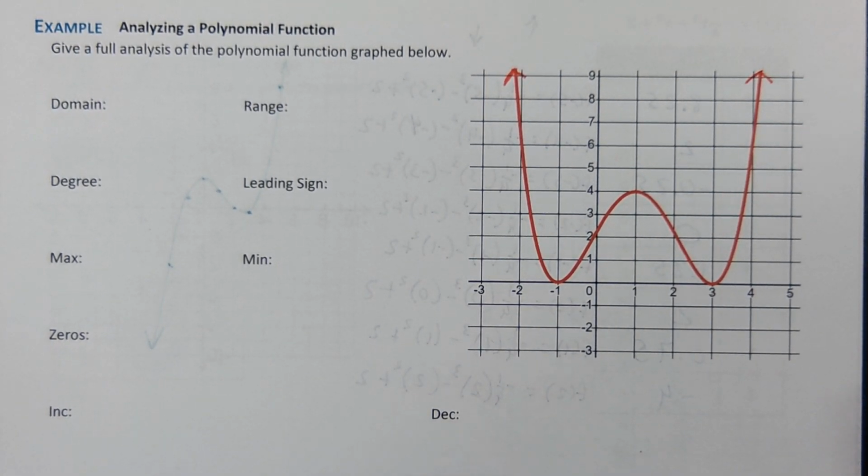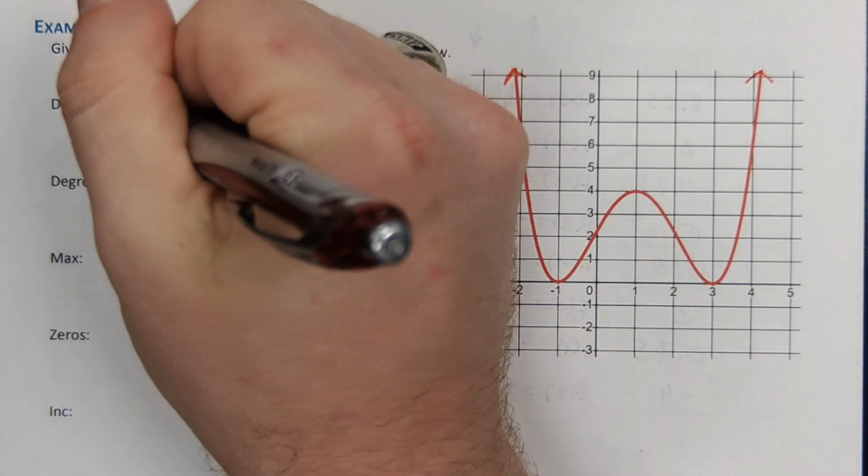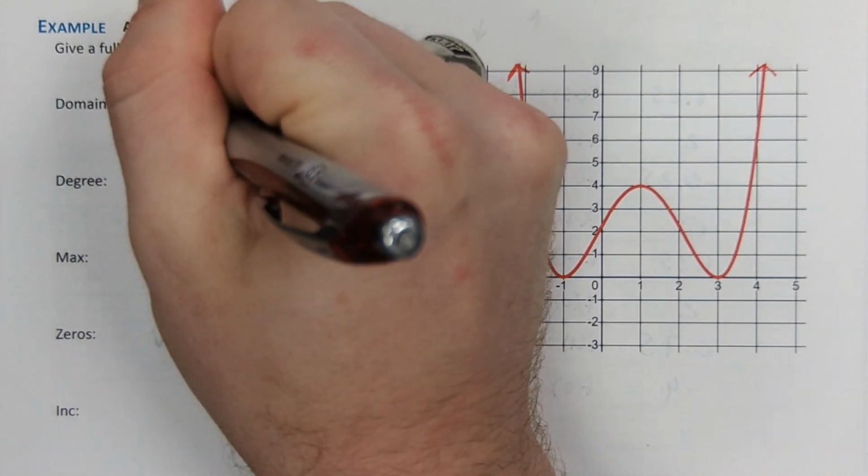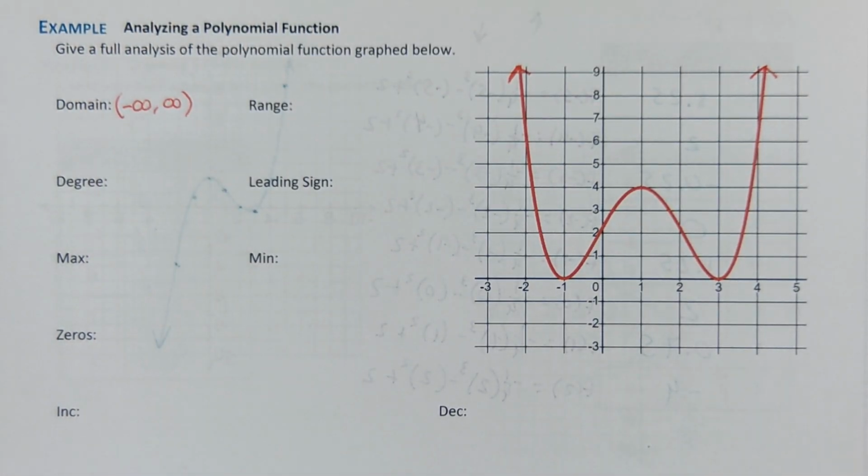What is the domain of all polynomials? Come on, somebody knows. Thank you, Alyssa. Negative infinity, positive infinity, all real numbers. Boom. Just looking at the picture, what is the range of this graph?